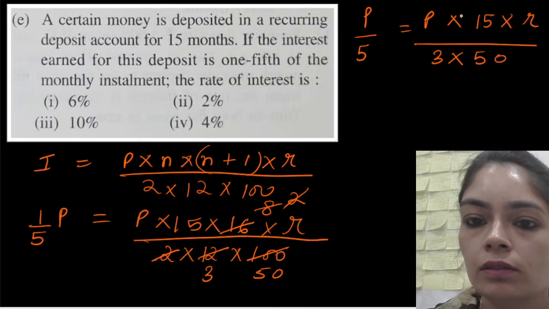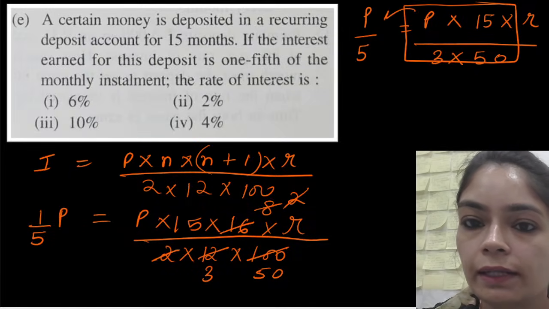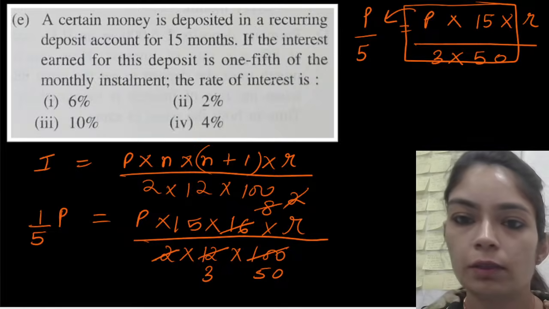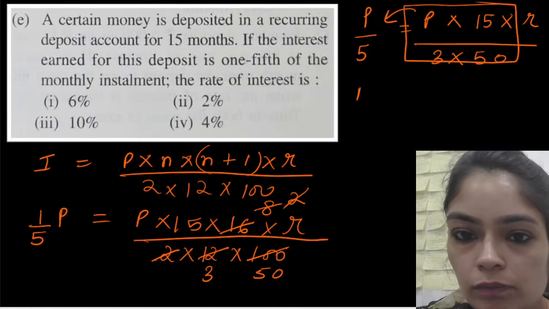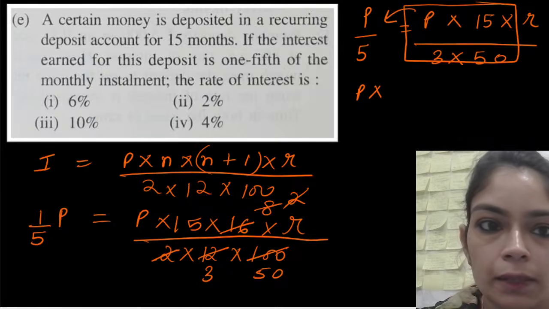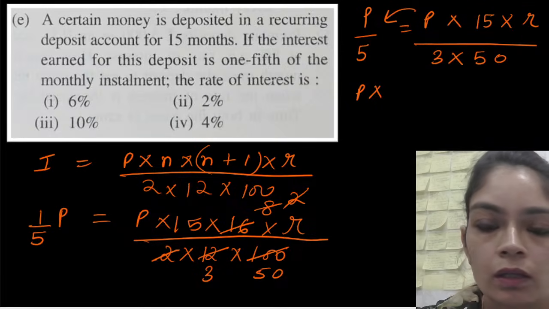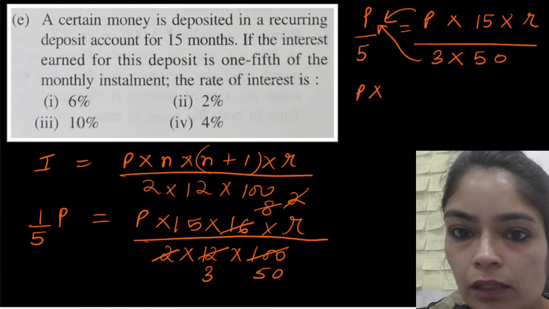Now we see we have to find R. So other than R, let's shift everything to the other side. Whatever you have to find, keep on one side, and shift the remaining things to the other side. When I shift 3 and 50, they are getting divided, so they go up.